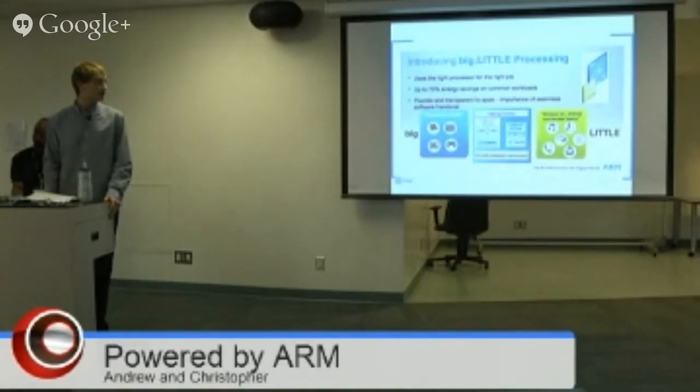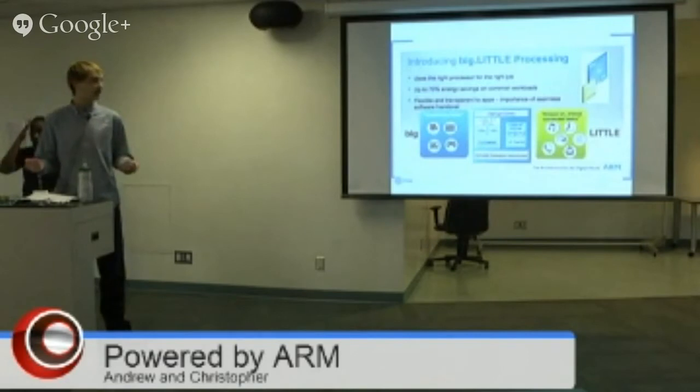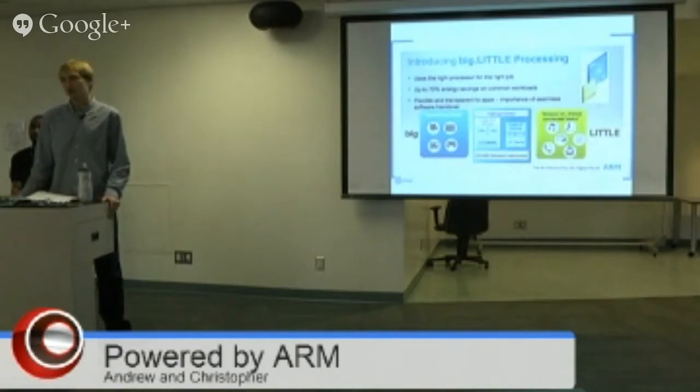Big.LITTLE processing allows for instant dynamic transitioning of the CPU based on the performance required. This is a lot like NVIDIA Optimus technology, where you can dynamically switch between your integrated graphics and your dedicated graphics depending on what your application wants. This will be so fast that it's seamless to the user, and could potentially reduce power consumption by as much as 70%.